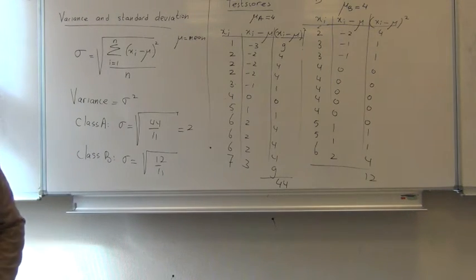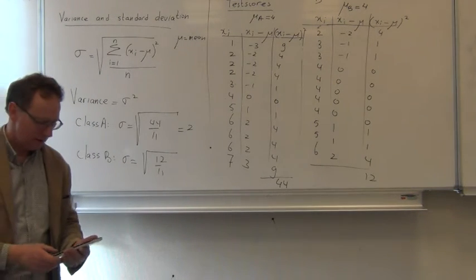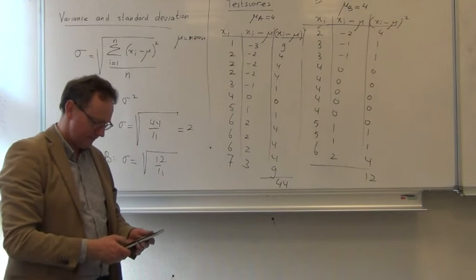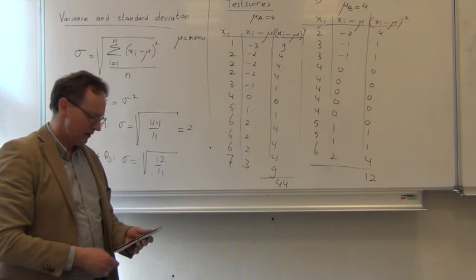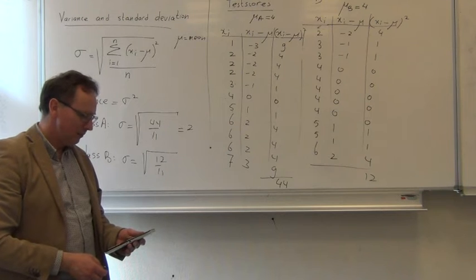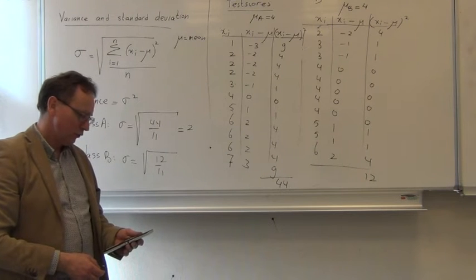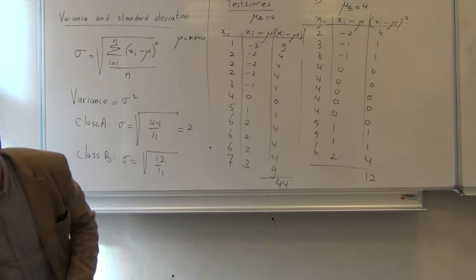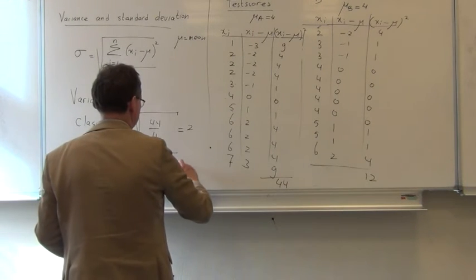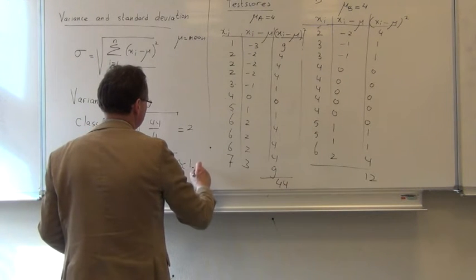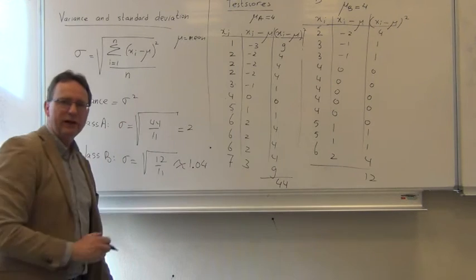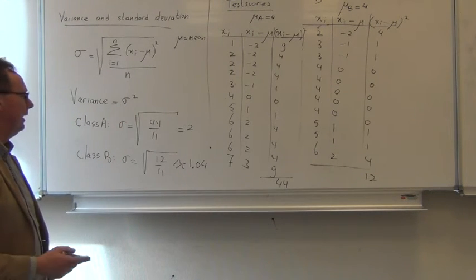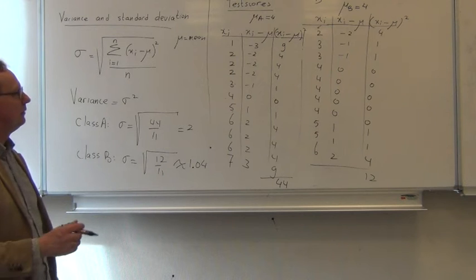And using a calculator, that turns out to be 1.044. To three significant figures, 1.04. So you can see the value is definitely smaller, because the values are more close together.